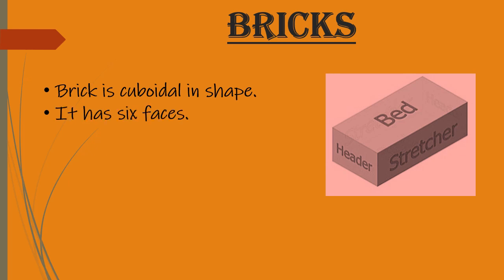It has 6 faces. Now I told you, cube or cuboid have how many faces? 6 faces. In the same way, this brick will have 6 faces. 1 face, 2 face, 3 face. 1 in front of it, this side. 1 downside, 1 this side.